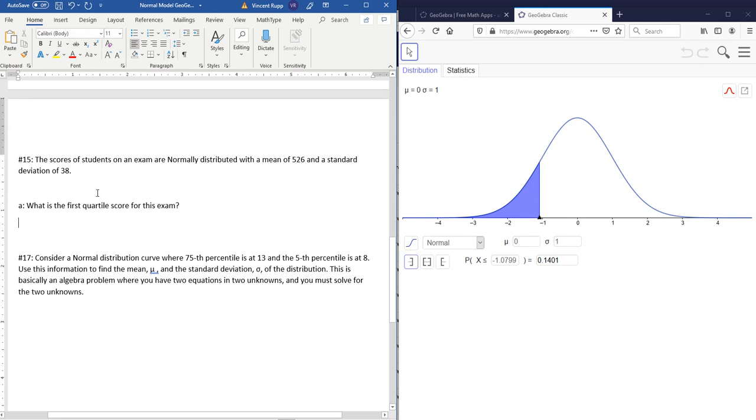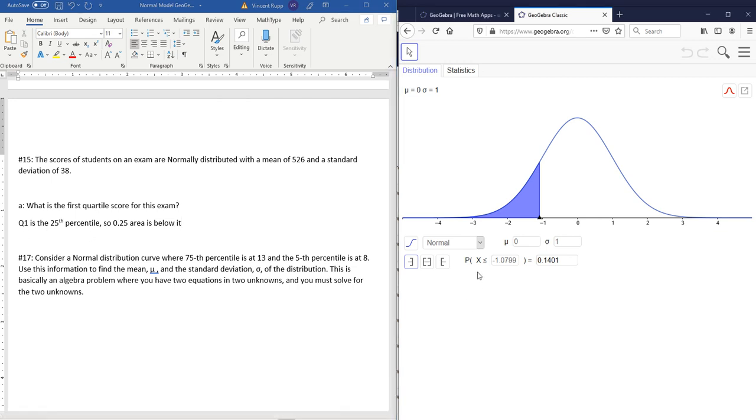So all of them kind of work that way. You just translate the problem into upper tail area, lower tail area, what are the mean and standard deviation, and then what number do I enter in which box. Sometimes they try to trick it a little bit. They'll say, what is the first quartile score on this exam? Well, what is the first quartile? Q1 is the 25th percentile, so 0.25 area is below it.